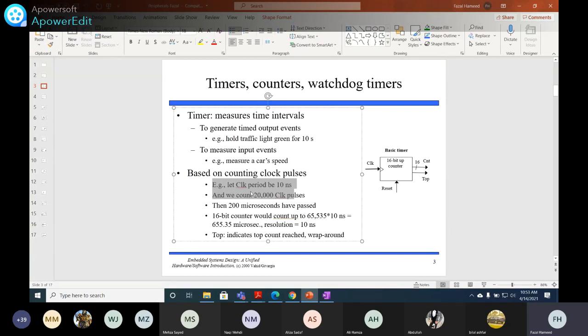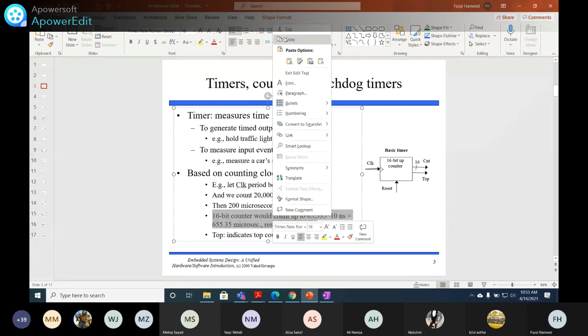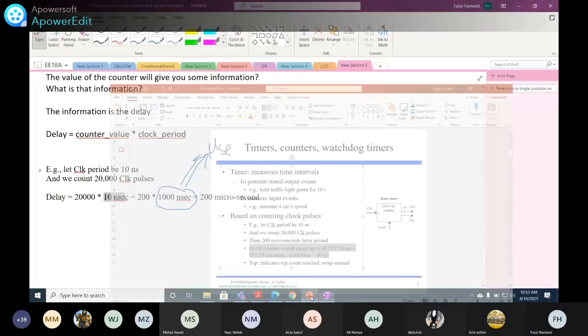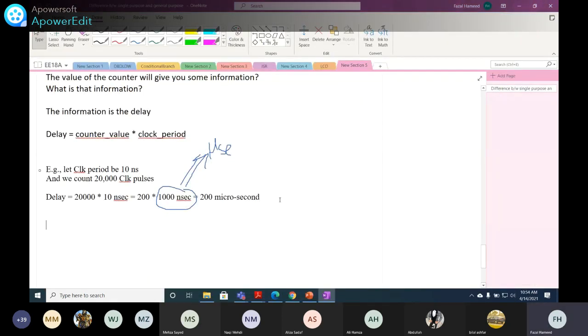So now let's assume you have a 16-bit counter. What is the maximum resolution of a counter? Let's assume we have a 16-bit counter. What is the maximum value of a 16-bit counter?